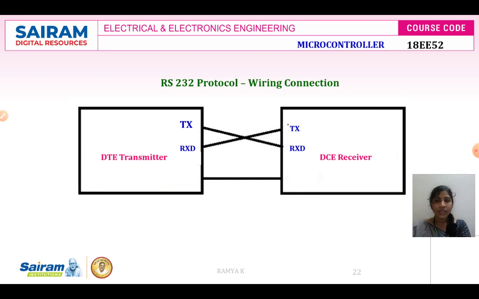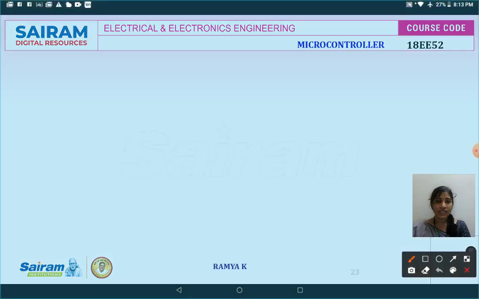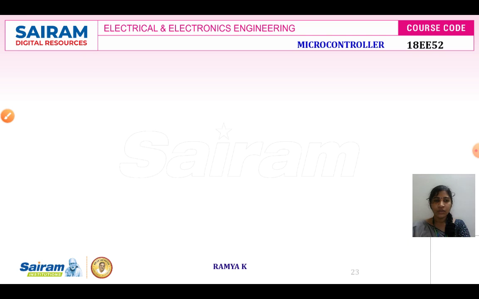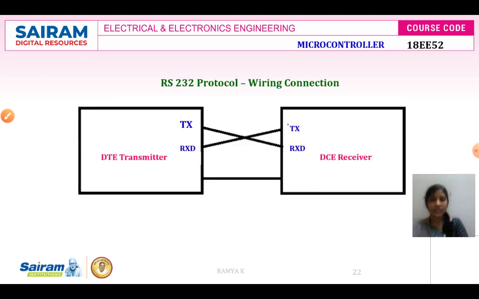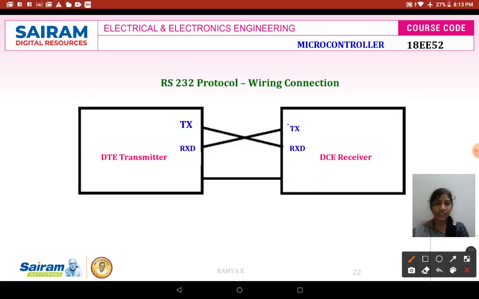The data terminal equipment is going to act as a transmitter, whereas the data communication equipment is going to act as a receiver. DTE represents data terminal equipment, DCE represents data communication equipment, and together they form a full duplex mode of operation.